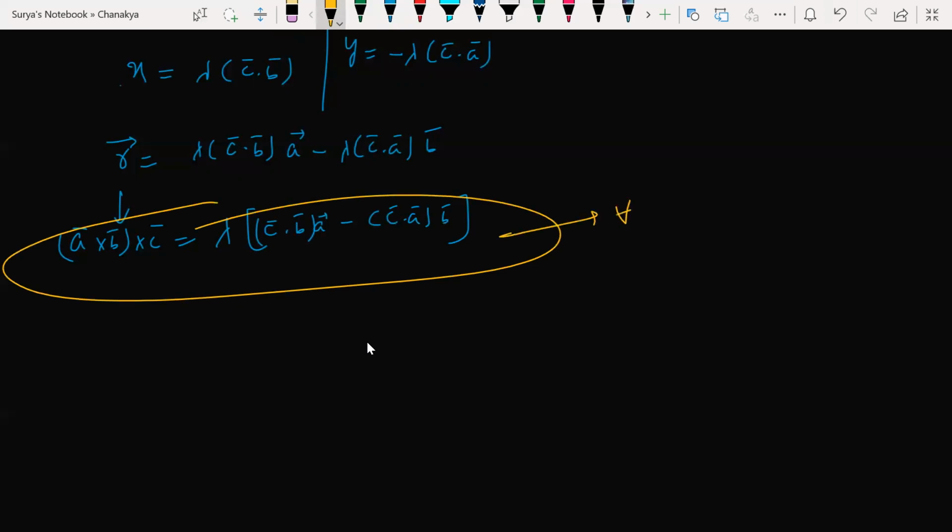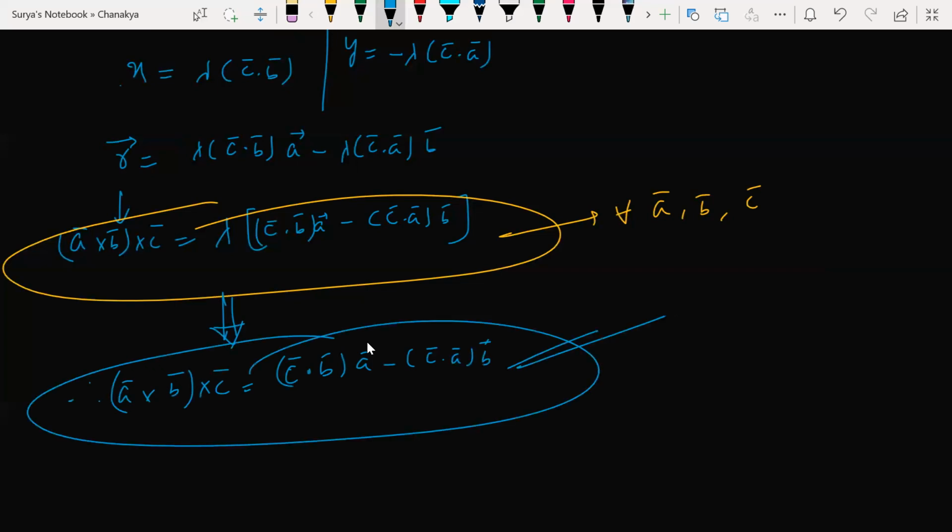It is true for all vectors A, B, and C. Therefore A vector cross B vector cross C vector is equal to, lambda being a scalar, can I say simply C dot B vector A minus C dot A B?